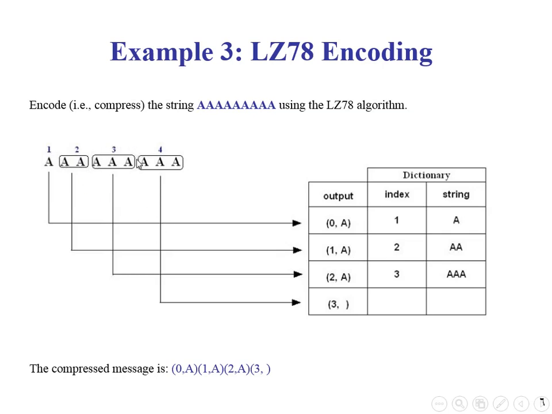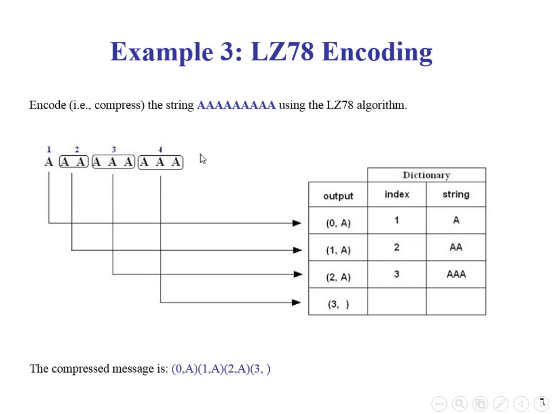Then A is already in the dictionary, AA is already in the dictionary, AAA is not in the dictionary, so it will be encoded by the index of AA, which is 2, and adding A, then the output will be 2A. The last pattern, let's see. A is already in the dictionary, AA already in the dictionary, AAA is already in the dictionary.